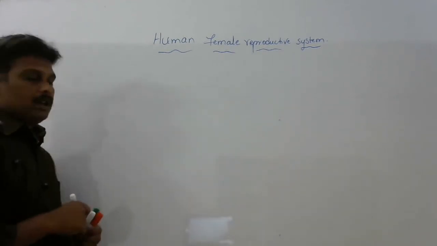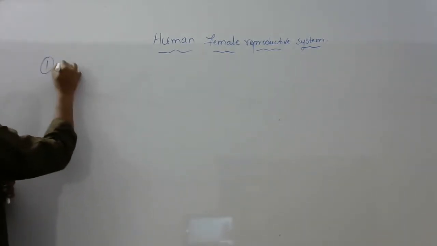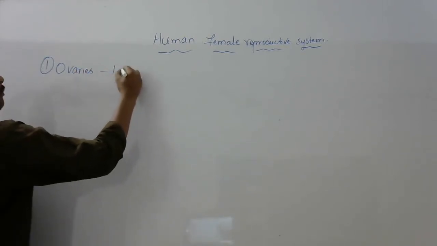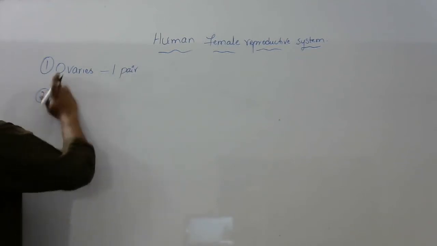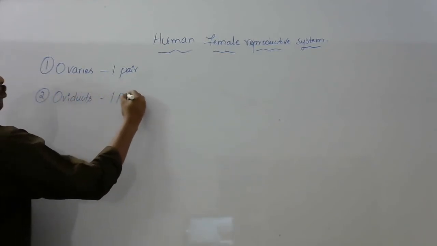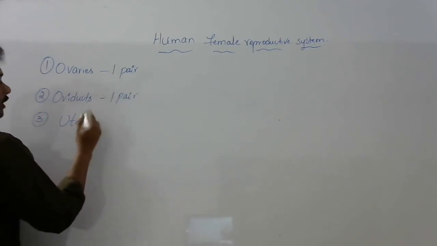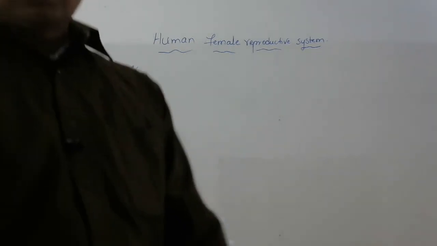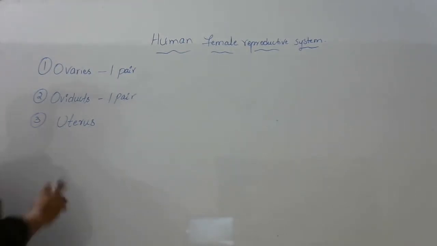It consists of ovaries, one pair in number, oviducts, one pair, and uterus. The female reproductive system is made of ovaries, one pair, oviducts, one pair, and uterus, one.